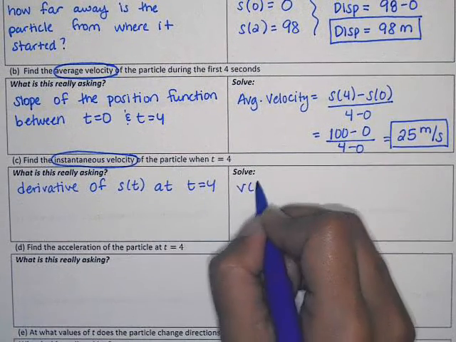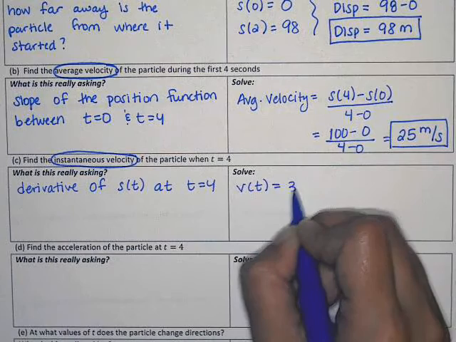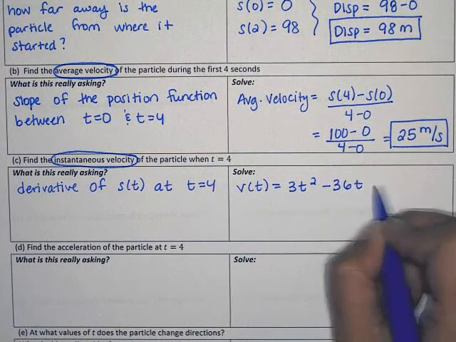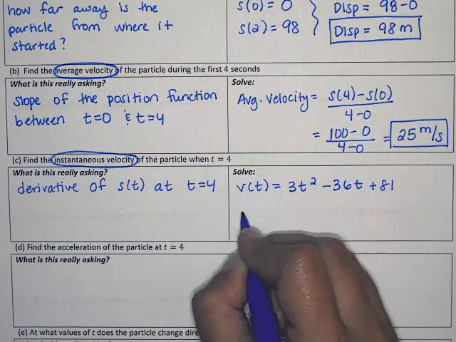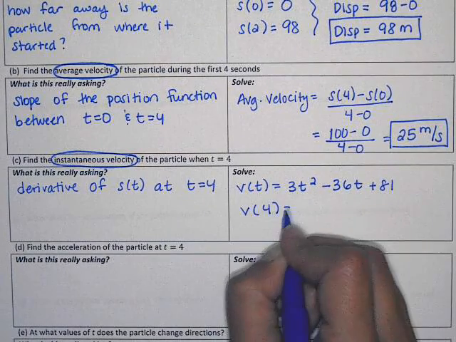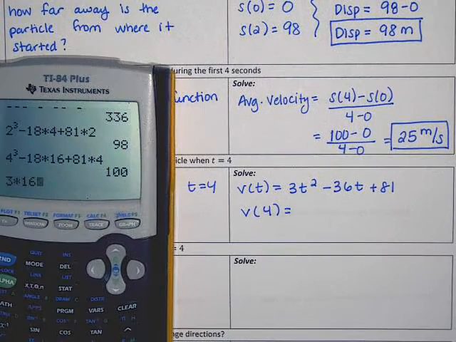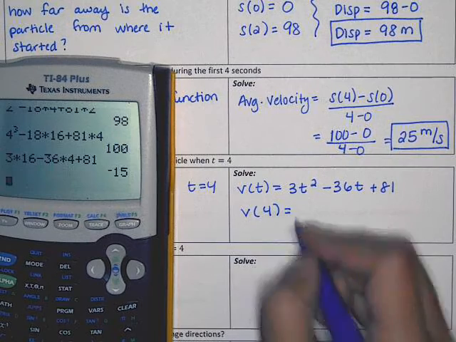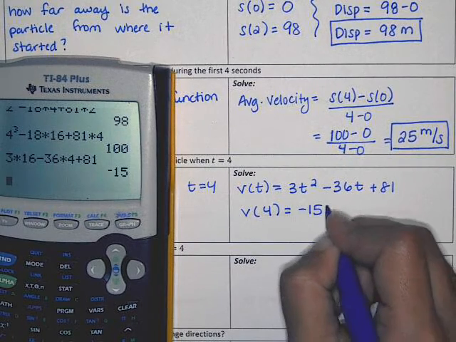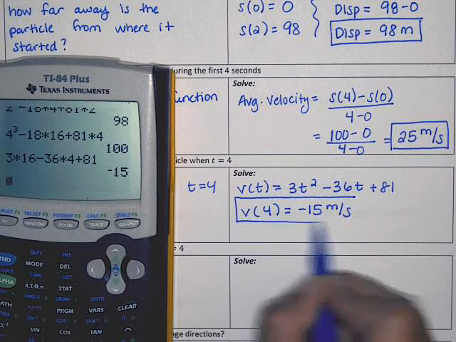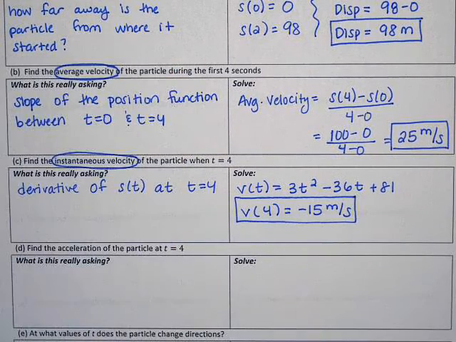So first I would take the derivative, which would be 3t squared minus 36t plus 81. Then I would plug in the number 4. So I would have 3 times 16 minus 36 times 4 plus 81, which is negative 15 meters per second. Again, velocity, so I'm using meters per second here.